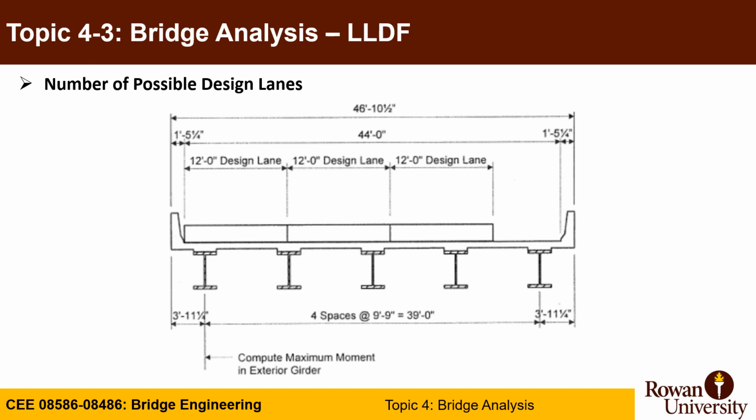So here is the final design of your lane load. First thing after you lay out your cross section, which you are now very familiar with, is to count how many lane loads.